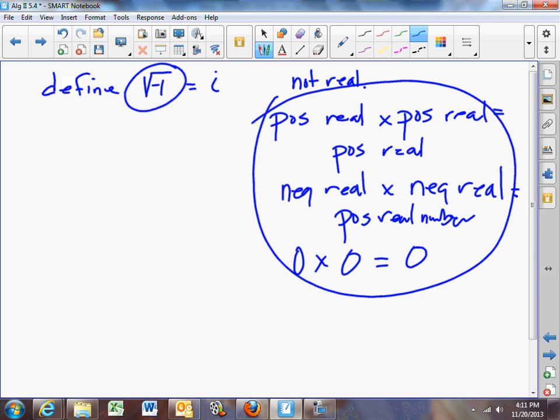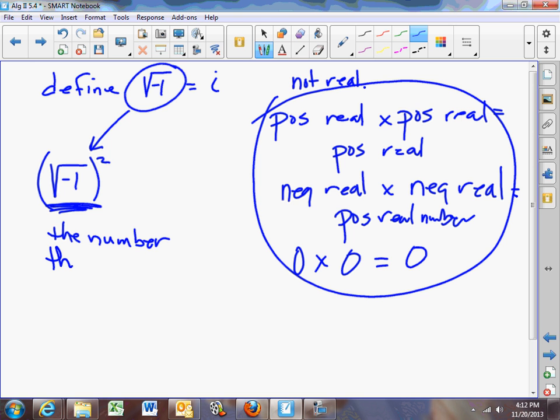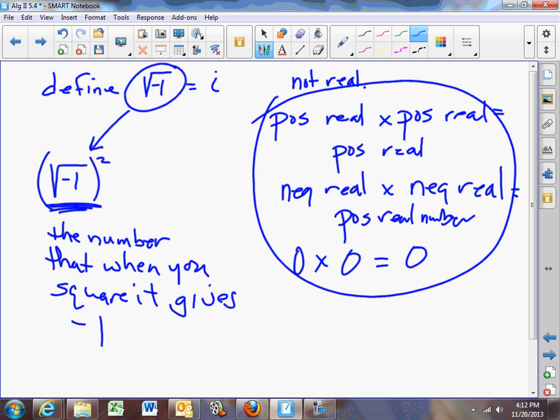We will say if i is the square root of -1, when we square i, in other words, if we square the square root of -1, this number is defined to be the number that when you square it gives you -1, in other words, the number that's inside the radical. If we square that, we should get -1.